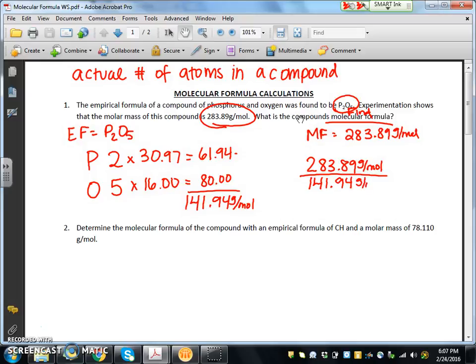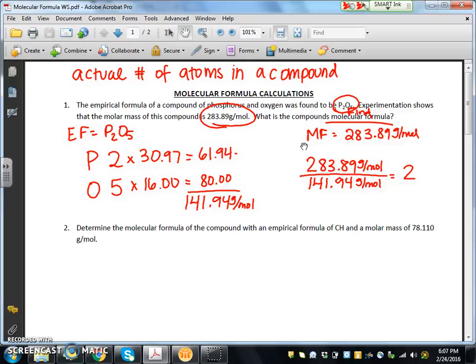This will tell me exactly how many I have. And when I calculate this out, I will find that there are 2 empirical formulas in here.